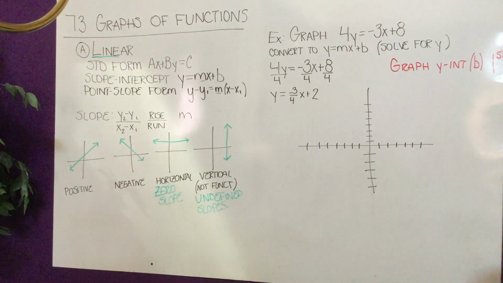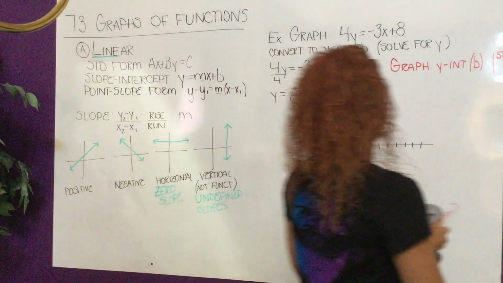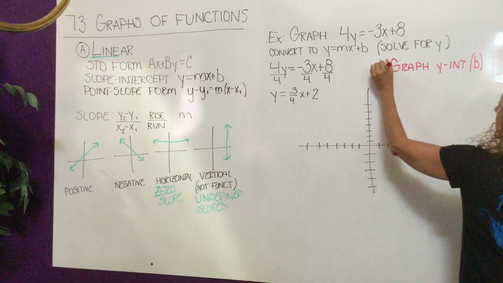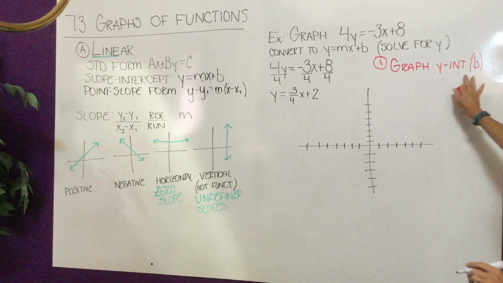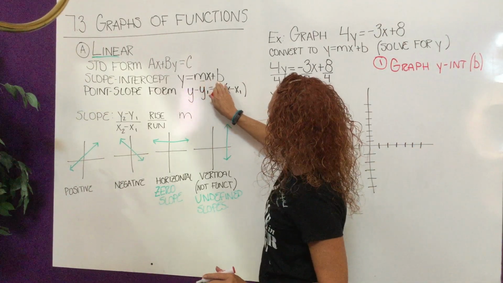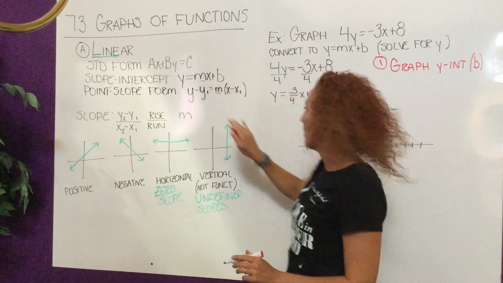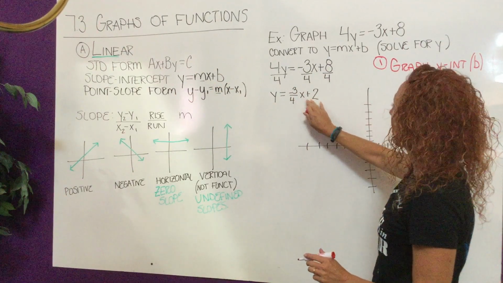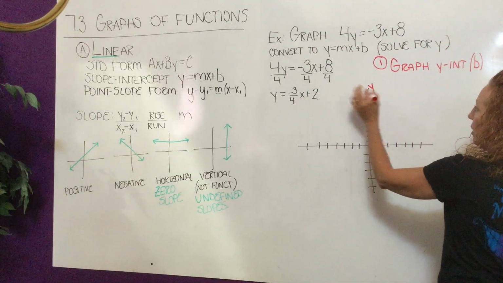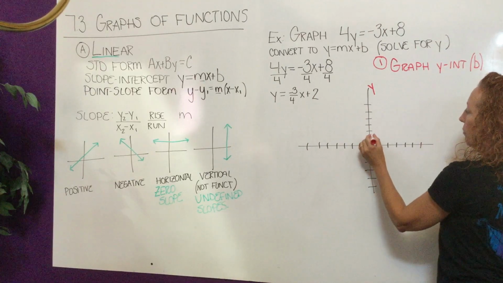So the very first step, or maybe it's even better if I write it like this. 1, graph the b. So in the form y equals mx plus b, b is the constant that shows up at the end of the equation. It is where this line will hit our y-axis. So we're going to go up 2 spaces and put a dot.